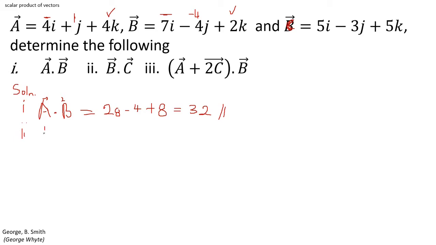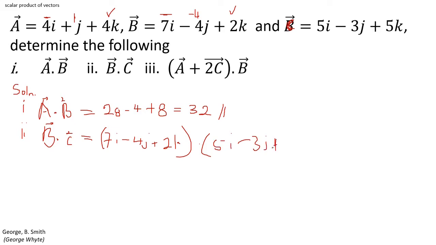The same thing, I want to find B dot C. You can see the result we got is a scalar, it is not a vector, hence the name scalar product. So if I want to get B dot C, the same thing, I have to look at the components of B. B is 7i minus 4j, then I have plus 2k. Then I'm multiplying it with C, and C we have here is 5i minus 3j, then plus 5k.